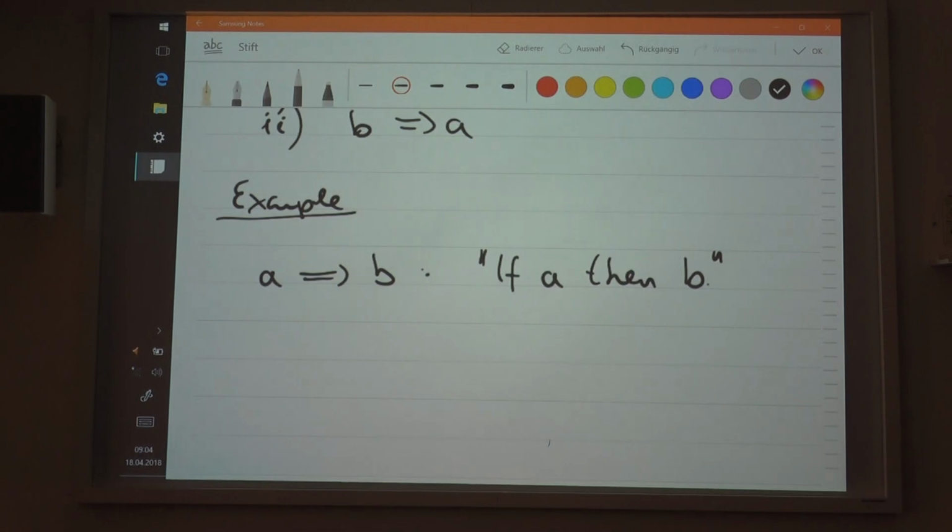So if a number is divisible by 6, then it's divisible by 3. If it jiggles, then it is fat. If you see or read or hear something like that, you should identify it as an implication, which means that statement A implies B, or statement A is sufficient for B.